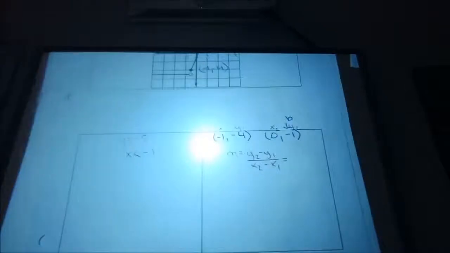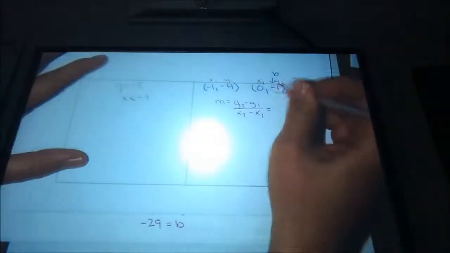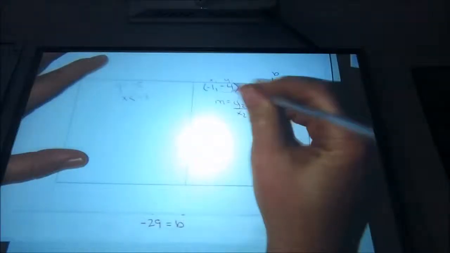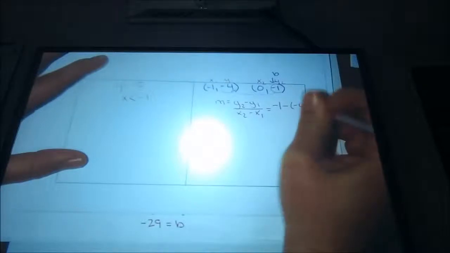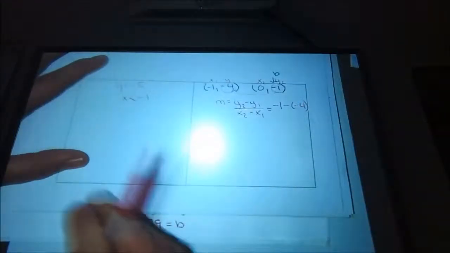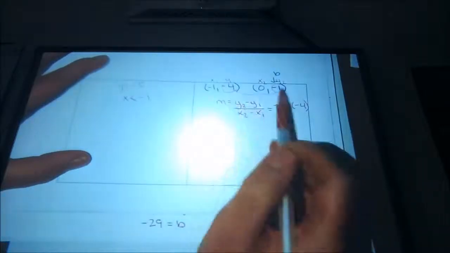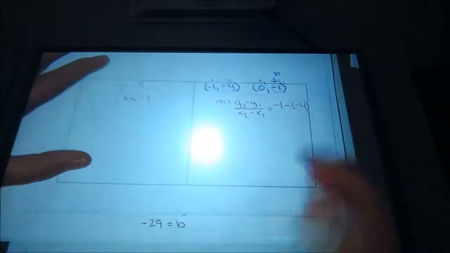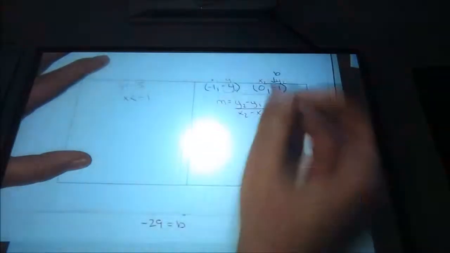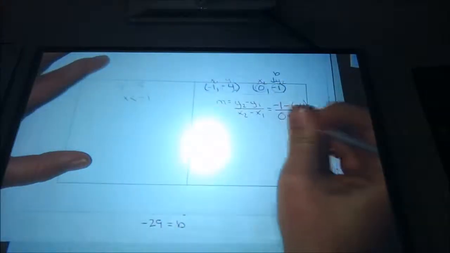So we're just really doing direct substitution. y2 subtract y1. -1 subtract -4. Yeah, it doesn't really matter which one you start with as long as you're consistent. If I started here and subtracted that one, then for my x values I'd have to start with that same point and subtract in that direction. Over x2 subtract x1. 0 subtract -1.